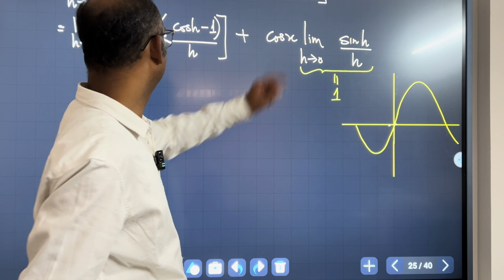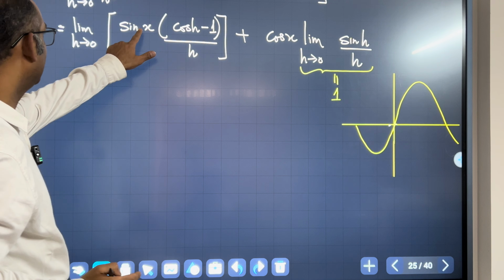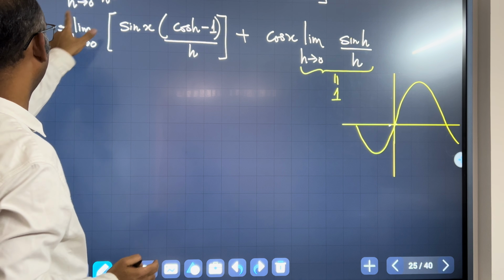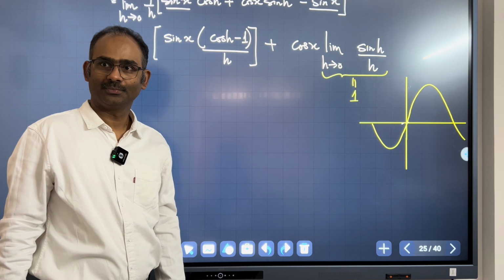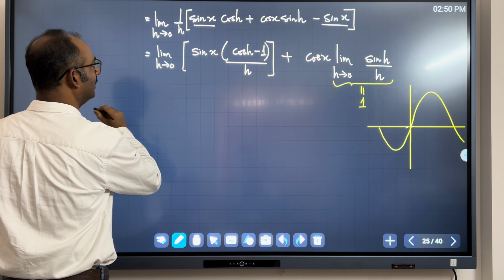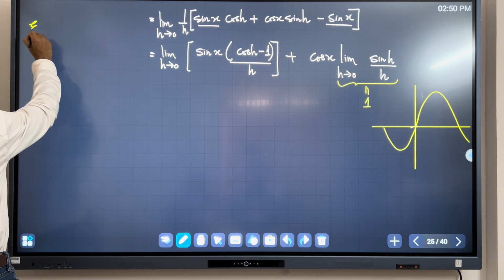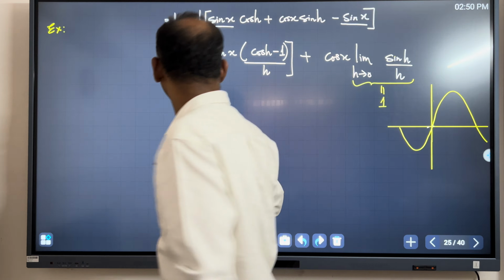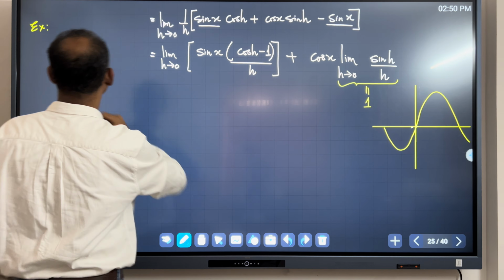And you have cos of x here. Now we want to know the limit of this. Since sine of x does not depend on h going to 0, it will come out, and you need to know the limit of cos h minus 1 over h. That's homework you should do, or refer to a book if you have not seen this already, or to my video on limits.